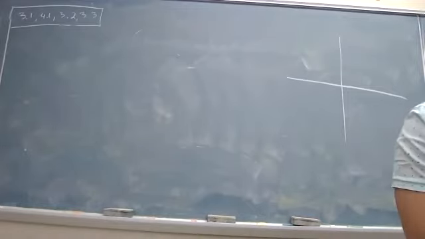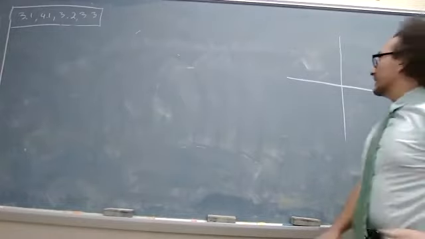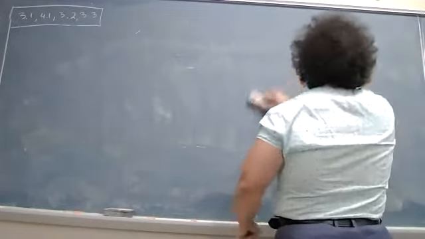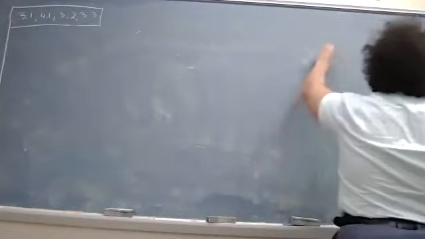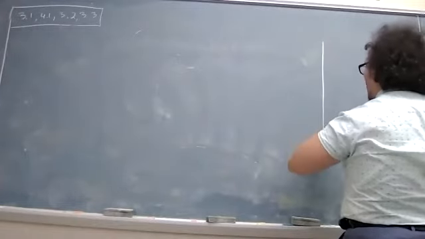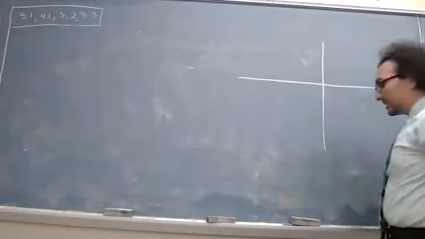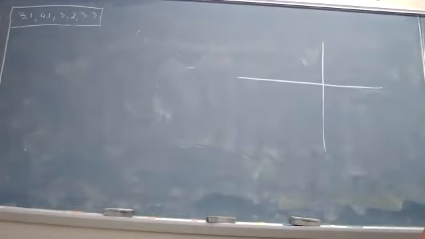Kind of, not really. The vertical line test, and let me keep this much more neat looking. The vertical line test is a test to see whether what you have is a function or not.